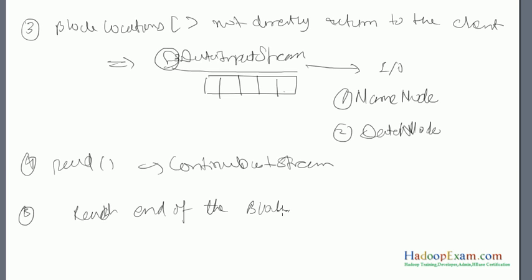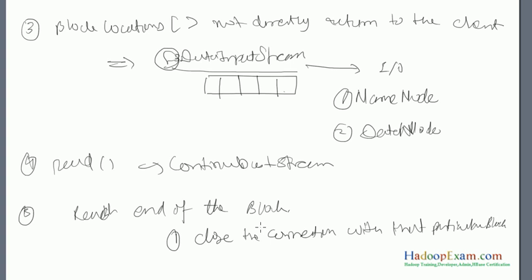Input stream will close the connection with that particular block and open a connection with the new block, whichever is available in proximity, and this happens completely transparent to the end user.